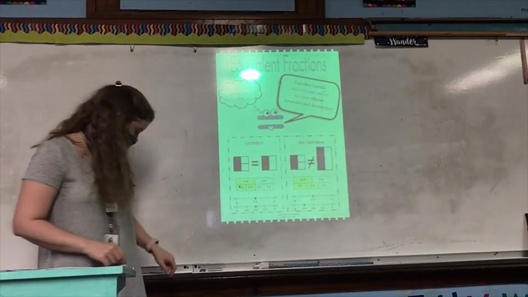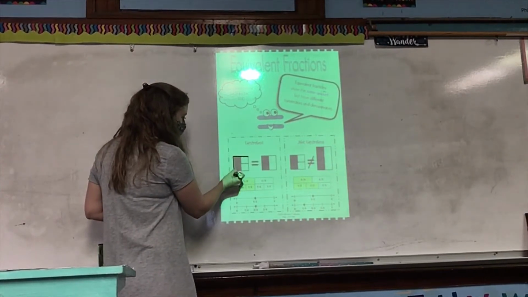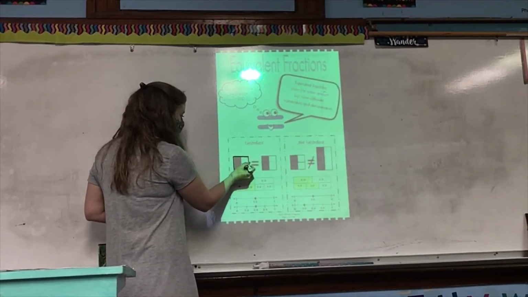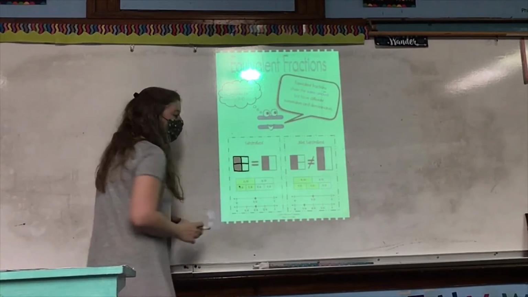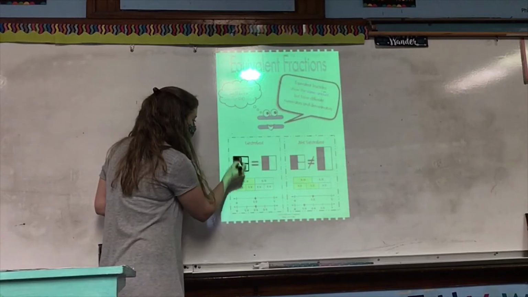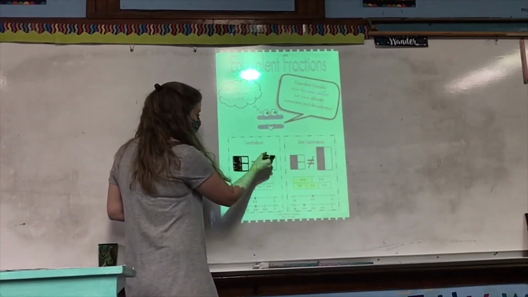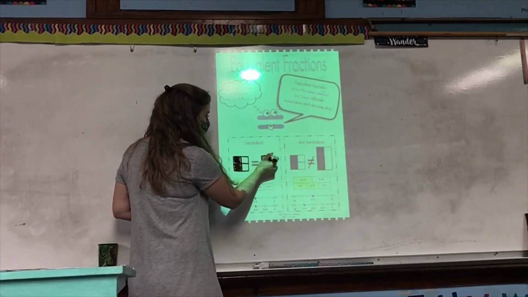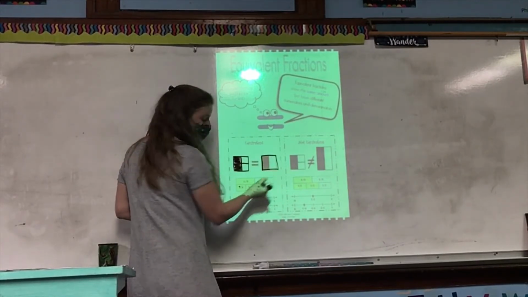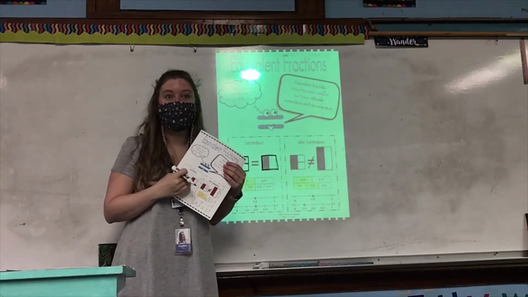Do you see? We have this square that's broken into 4 pieces. 2 of those pieces are shaded. Then we have this square. If you look on your paper instead of mine, you can actually see where they're broken up.